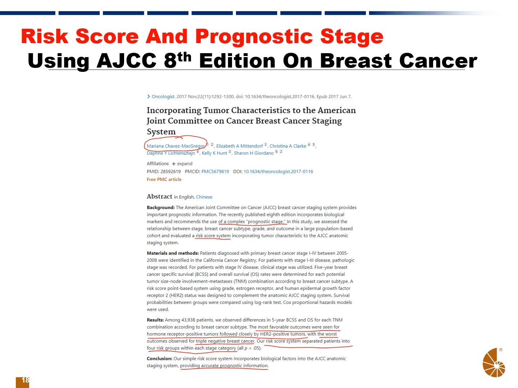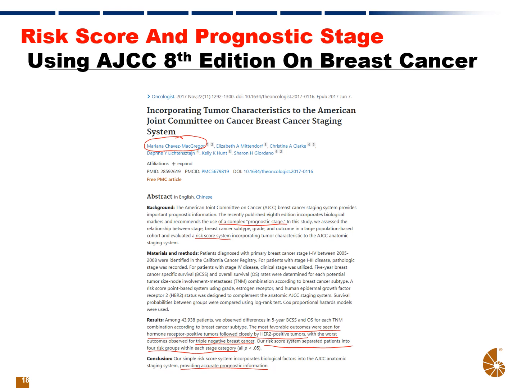Fortunately, we had somebody to help us out and to use a more simplified fashion of assessing the risk of all these characteristics of breast cancer. This person came up with a risk score, and her name was Mariana Chavez McGregor.